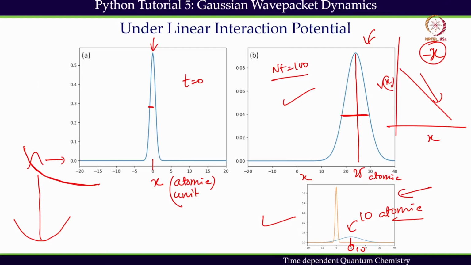One can use Gaussian calculations, Molpro calculations, and find out the potential, and that potential can be used to check how the particle is actually moving on that kind of potential, which represents the dissociation of a chemical bond.